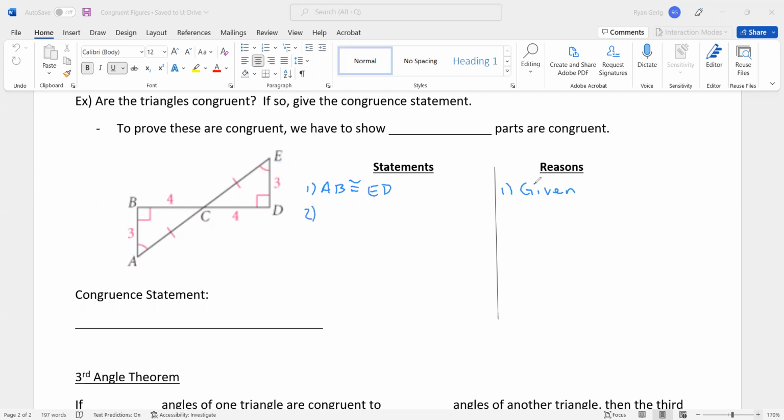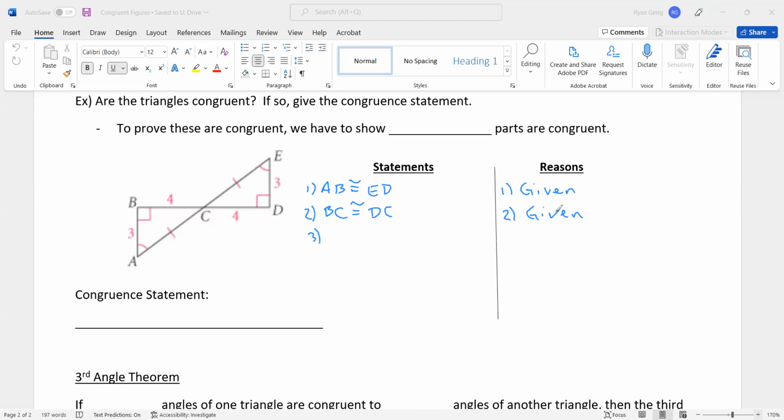Okay, next side, I'm going to go BC is congruent to DC. Again, that's given. So I've got two things done.